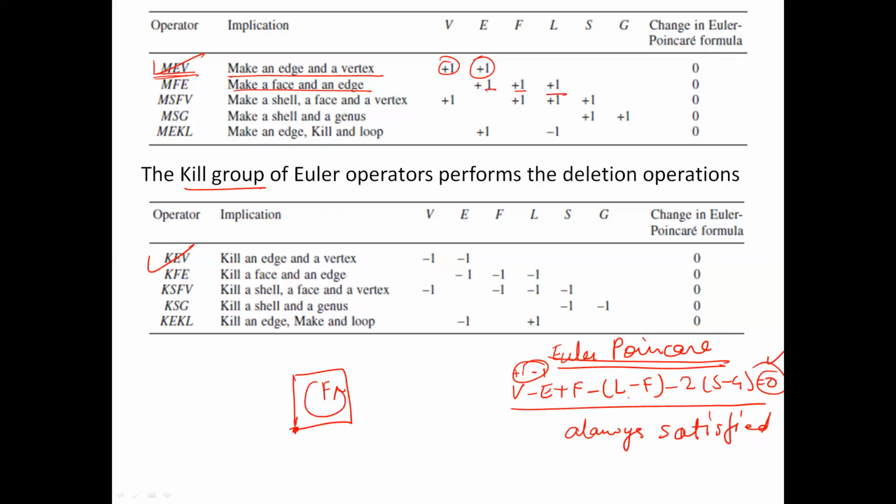Now if I substitute it here, you can clearly see it remains 0. E is minus 1, plus 1, minus 1, minus 1. It remains 0. So whatever you do, you can make any operator, but the only thing you need to do is make sure the Euler-Poincare formula is always satisfied.